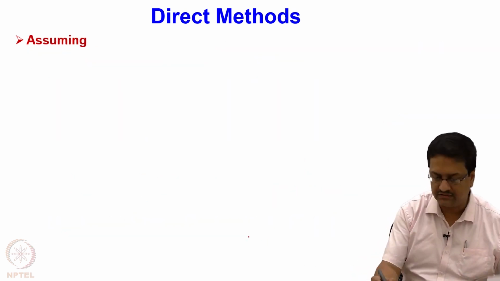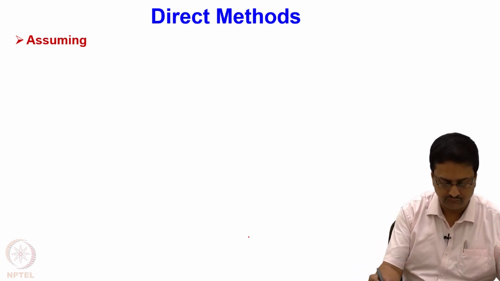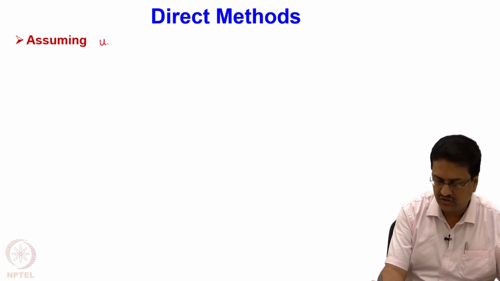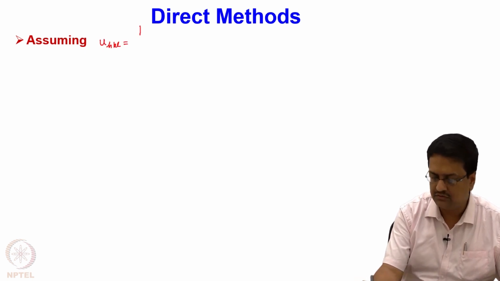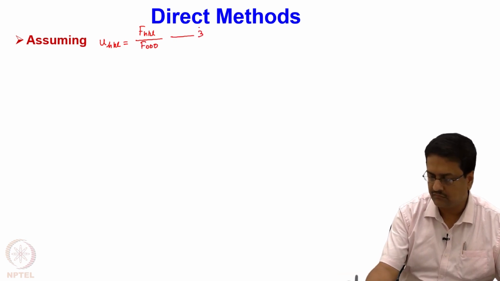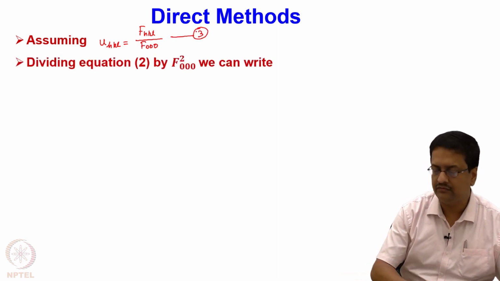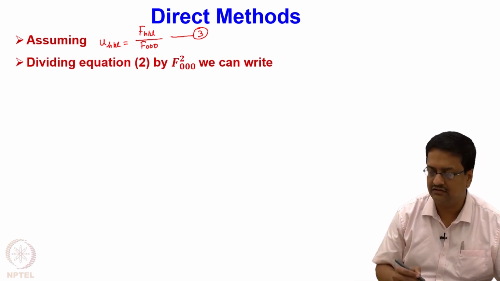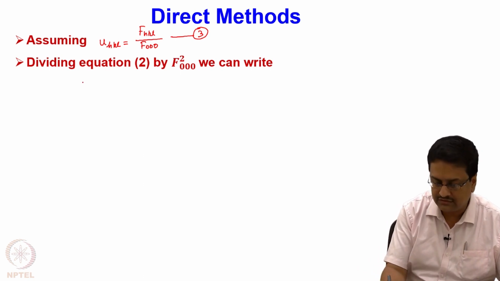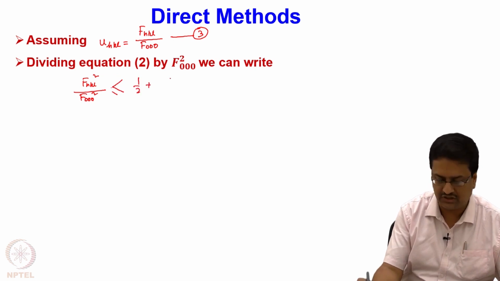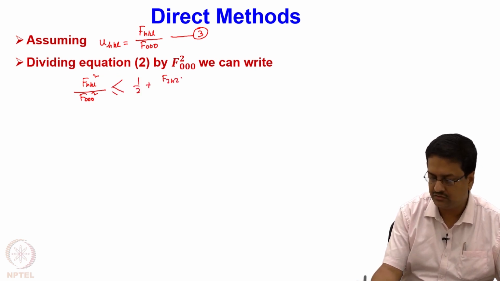Now if we assume that small UHKL is equal to FHKL by F000, and then we divide equation number 2 by F000 squared, one can write that FHKL square by F000 square is less than or equal to half plus half of F2H 2K 2L by F000.